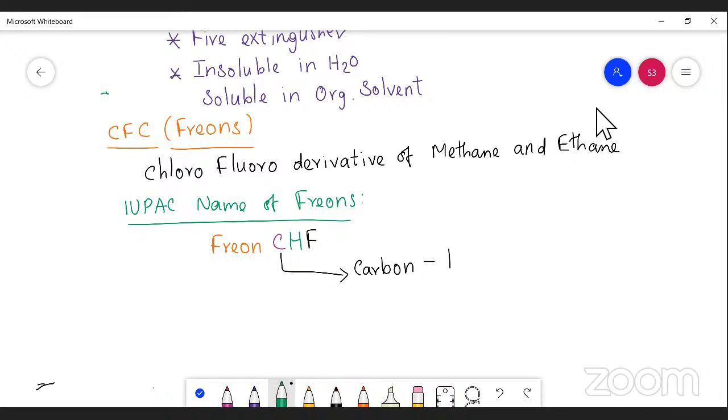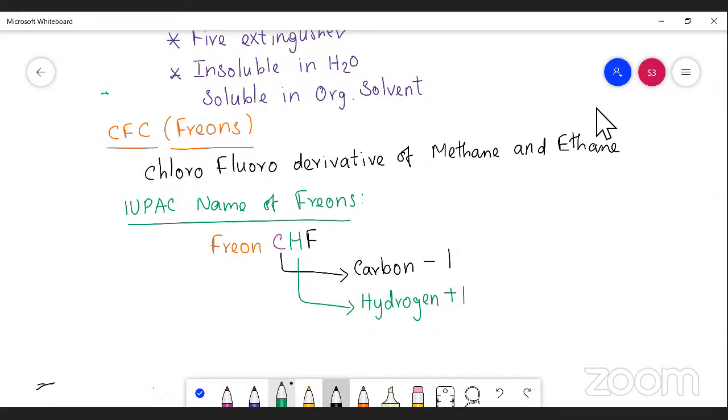H is hydrogen, number of hydrogen plus 1.